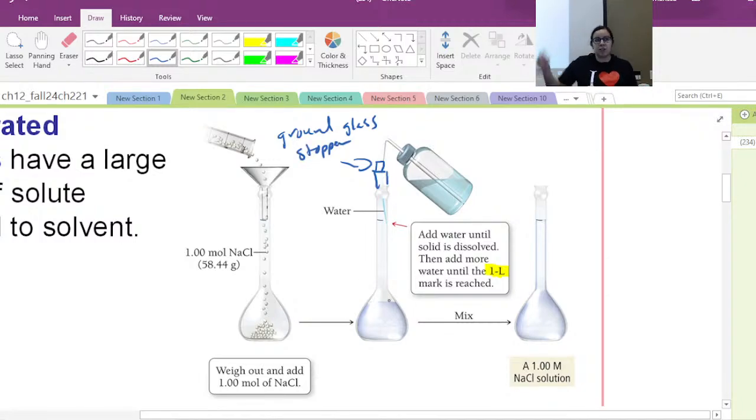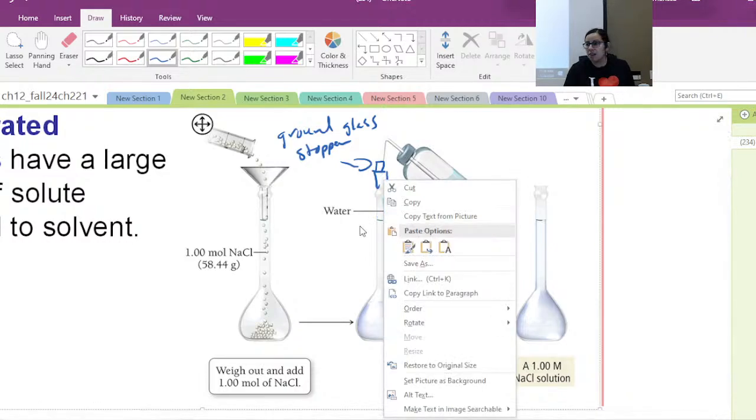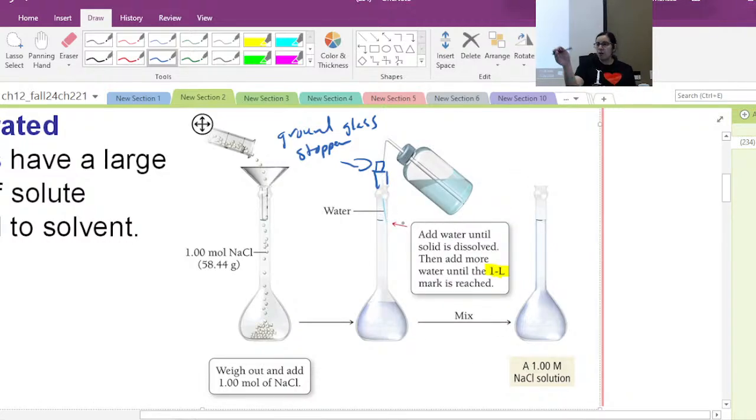Then you shake it, dissolve it, get it homogeneous, and very carefully fill up the water, probably dropping it in with a pipette to get it right at that line. Of course you can't go over, because then it's imprecise and you have to start all over again. That's how we would precisely prepare a 1 molar solution.